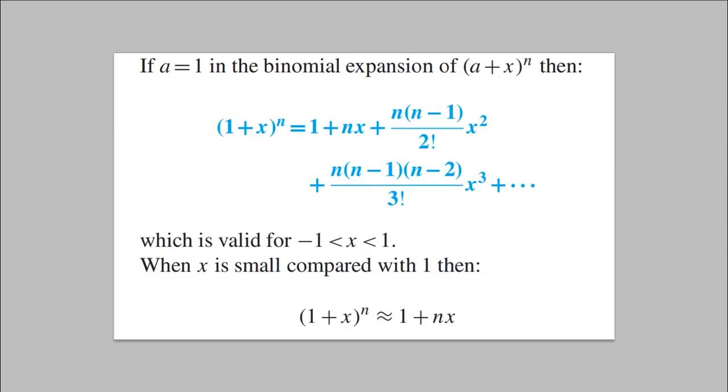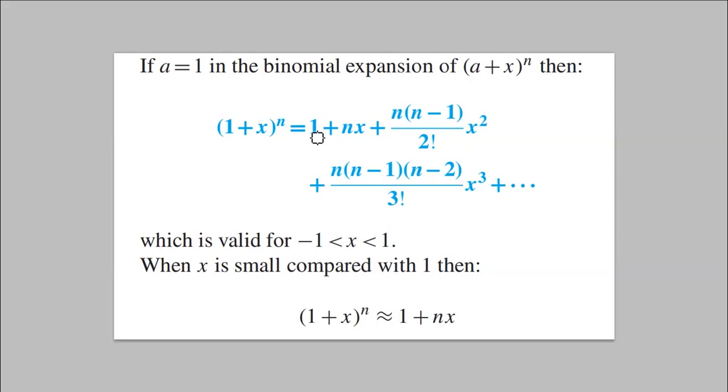Okay, so for you to solve these questions, you first have to understand this extension of binomial. So this extension says if a is equal to 1 in the expansion of this, then the way you expand the binomial will be different from the way you expand the normal binomial expressions.